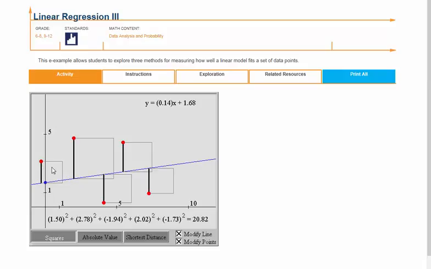Here is our first square, our second square, and basically they just squared each of the residuals. And down below you can see the length of each of the residuals. This first one's kind of short. The second one is longer. This must be the third one probably. Fourth one, and then the fifth one.